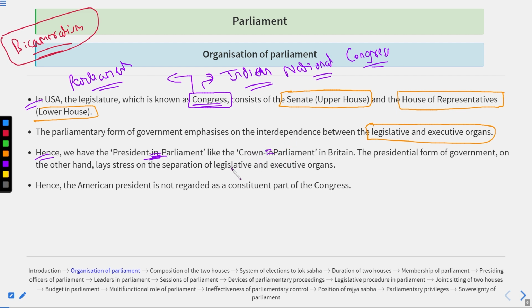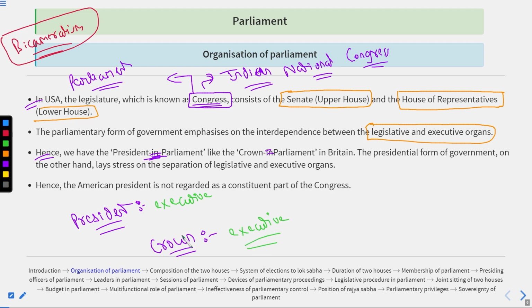Okay, so if we talk about the president and the crown, we know that they both are of the executive nature, and they both are connected with the parliament, which is of the legislature.